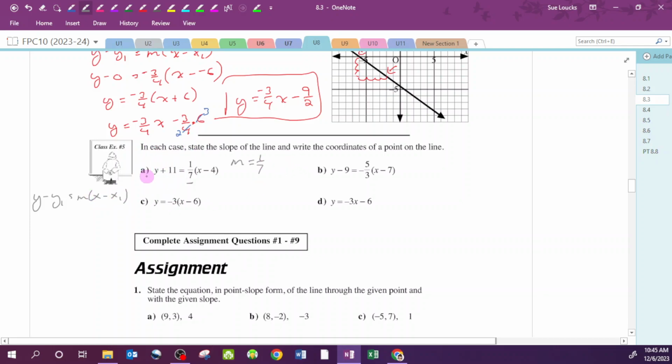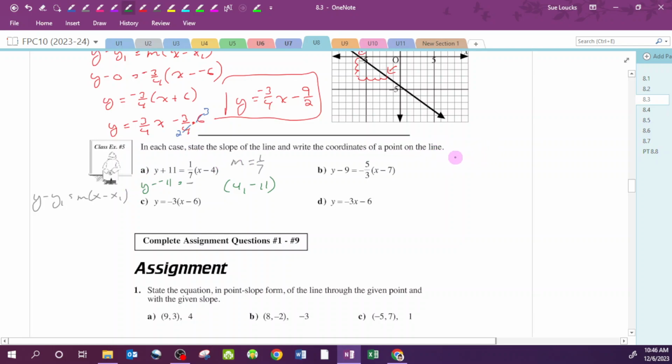What I want to do now is rewrite, because this is not written with the minus. I'm going to rewrite y minus 11 equals, and I'm not going to bother rewriting the rest of it because this is already in the right shape. But this makes it easier to see that my point is going to be 4 and negative 11, because I have to go minus negative 11 to get plus 11.